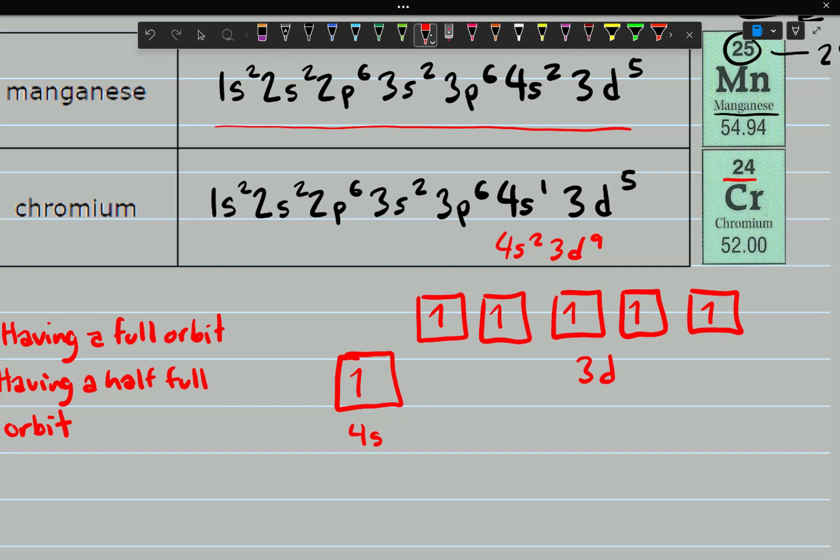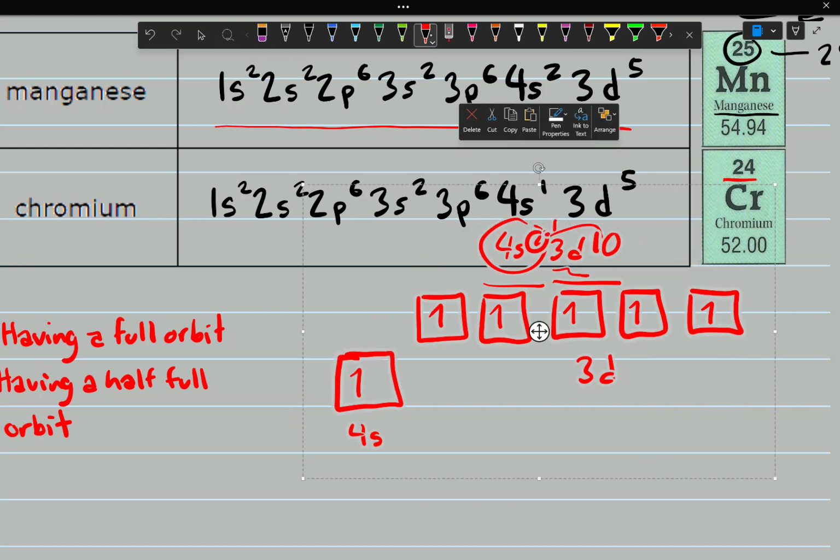Rather than having a full orbital combined with an incomplete orbital, we would rather borrow an electron, making this 1, and put it in our d orbital, giving us a full d orbital. So in this case, we have a half-full orbital and a full orbital.